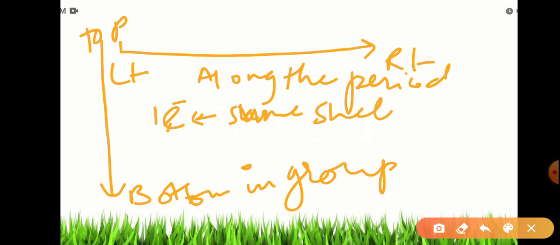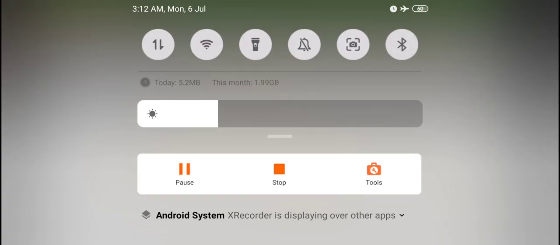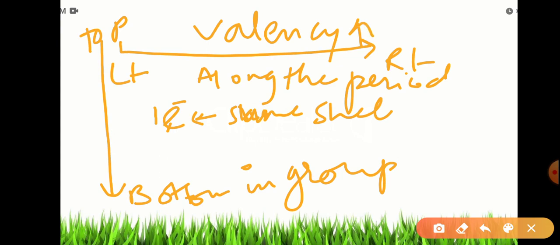So is its valency increasing or decreasing? Along the period, valency first increases, then it decreases.